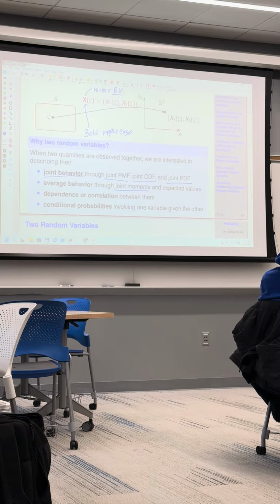But here, because we are talking about two random variables in this chapter, we will mainly be talking about joint moments and expected values to describe the average behavior of a random vector that consists of two random variables. We will also talk about another statistical parameter called correlation, the correlation coefficient, in this chapter.